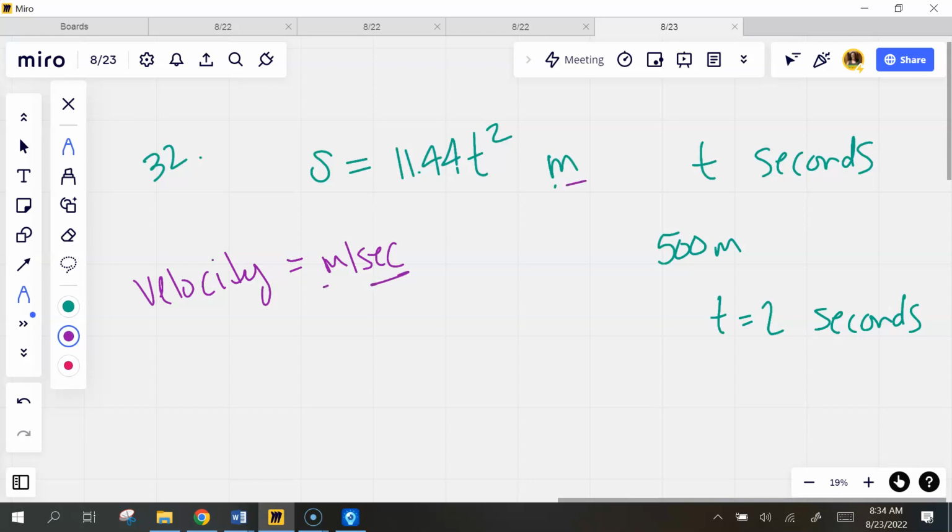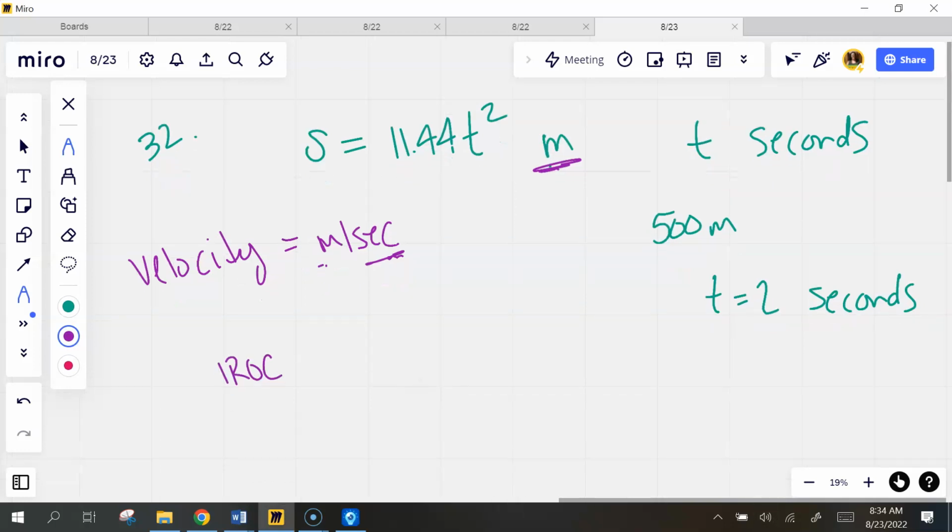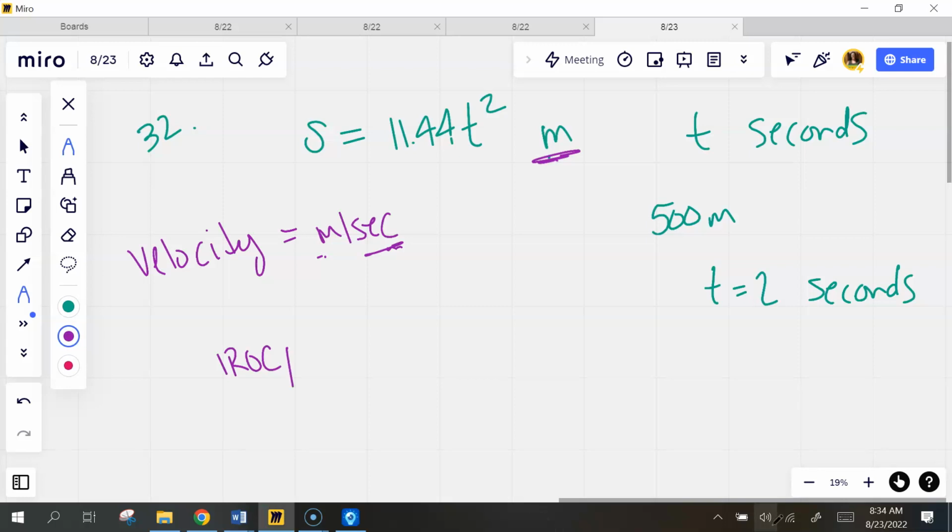Meters per second. This is just in meters. This is going to meters per second. So what I really want is IROC when t equals 2. Isn't that what it asked me? Find the velocity of the rock at t equals 2 seconds. Yeah. The 500 is really irrelevant there.